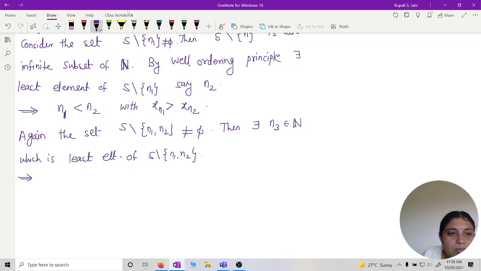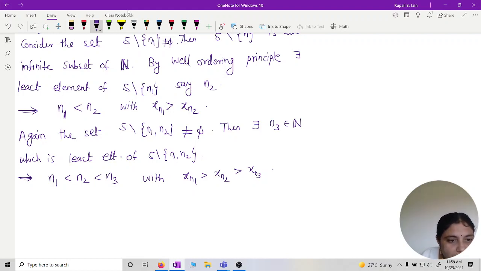This implies n1 less than n2 less than n3, with xn1 greater than xn2 greater than xn3. Is that right?